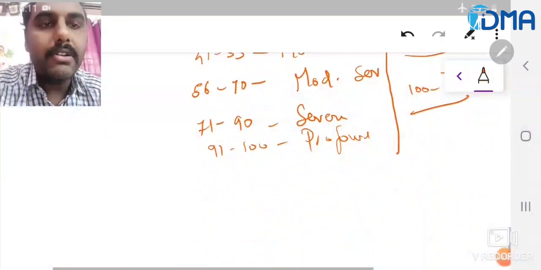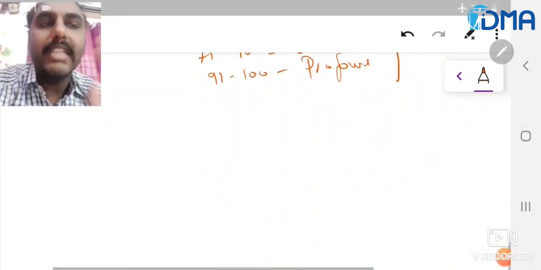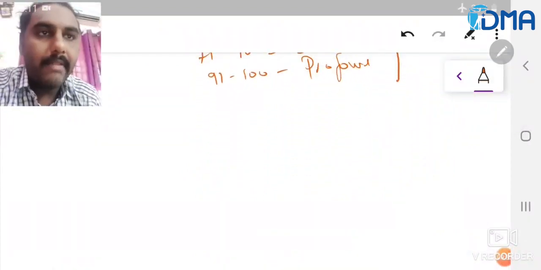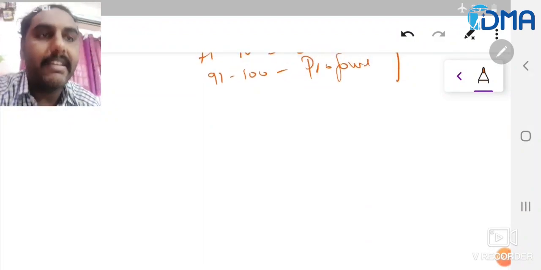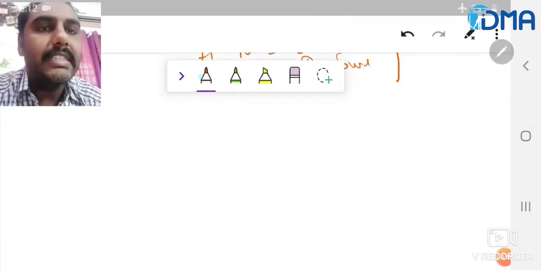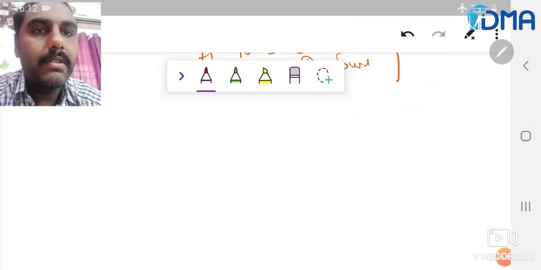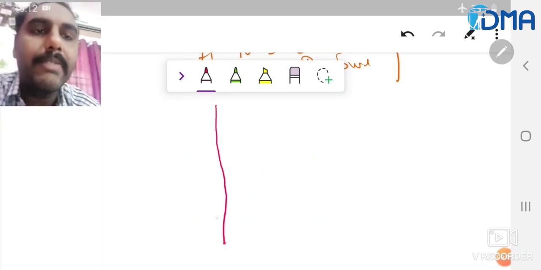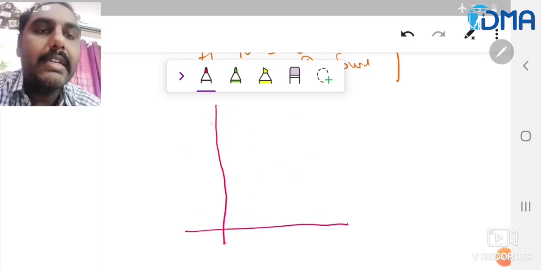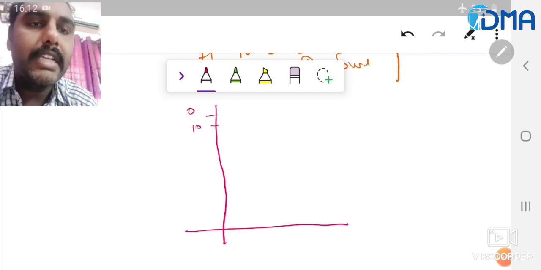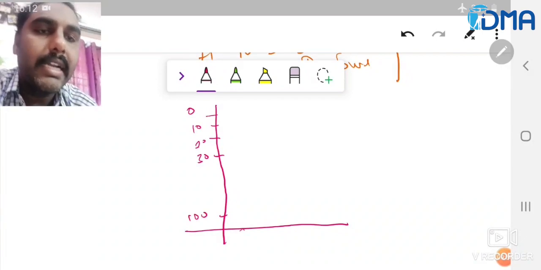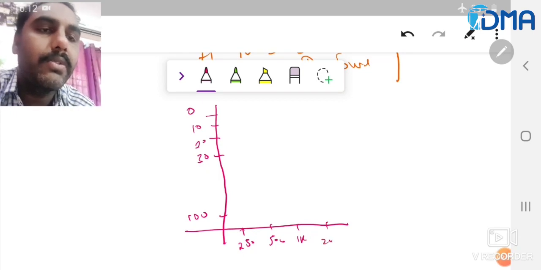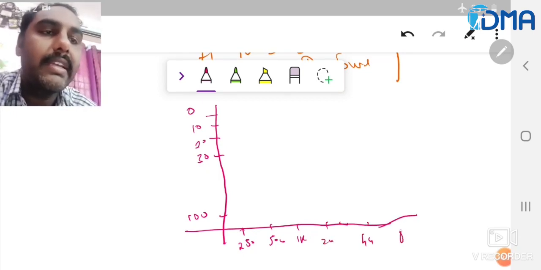Okay, so coming to the pictures or the images they give in exams. I will first draw a diagram and explain, then I will show you the images which AIIMS has already asked. So consider this as an audiometry graph, and this is 0, 10, 20, 30, maybe up to 100, and this is the frequency: 250, 500, 1K, 2K, 4K and 8K, whatever.